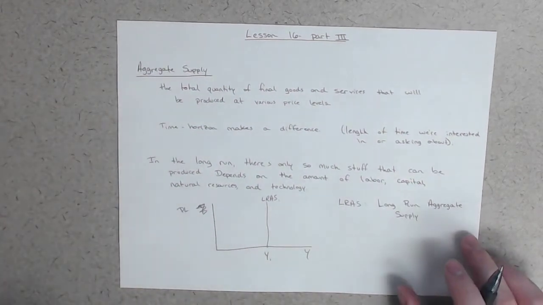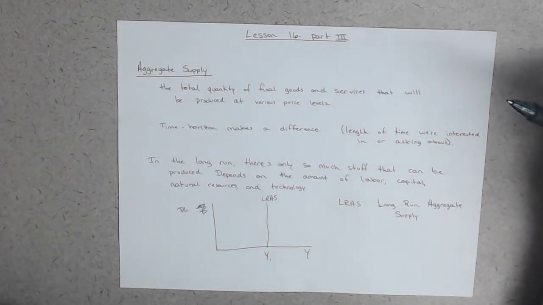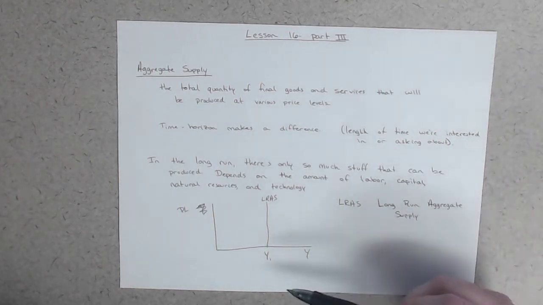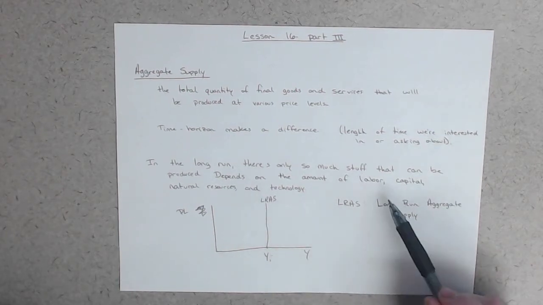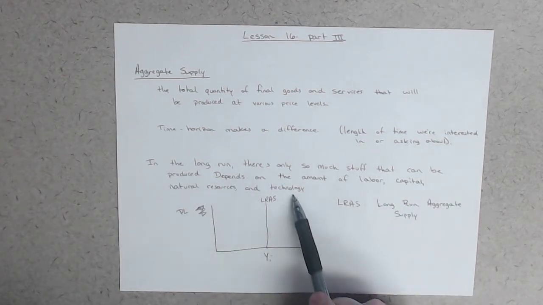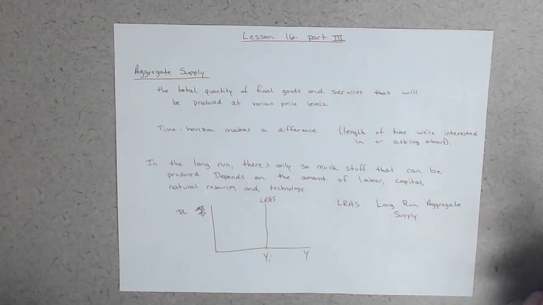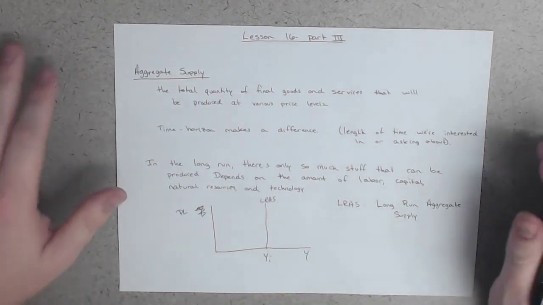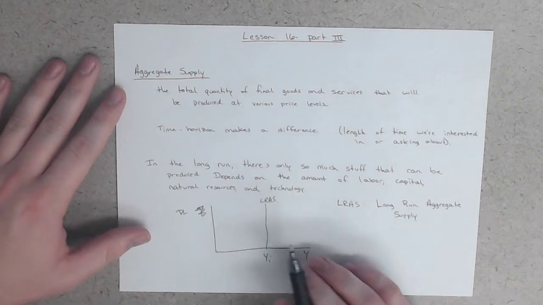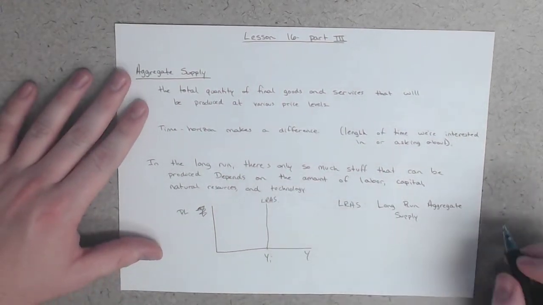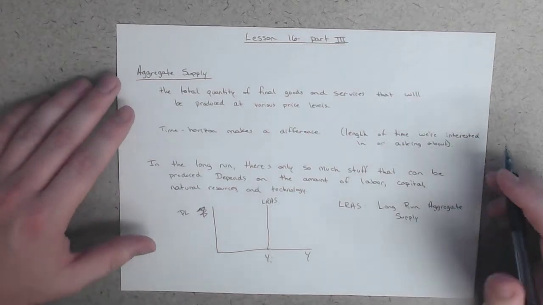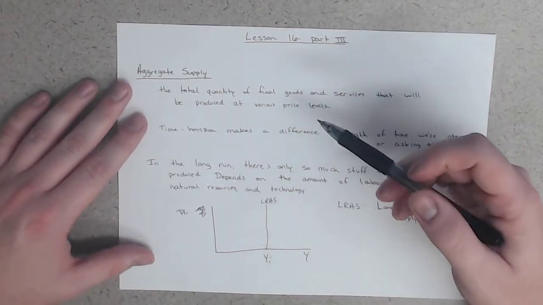What this is saying is that an economy's long run potential GDP is only a function of labor, capital, natural resources, and technology. That's the only thing it depends on. It doesn't depend on anything else, not price level at all, which is why it's a vertical line. If I'd drawn these things straighter, you'd notice that it was perfectly vertical.